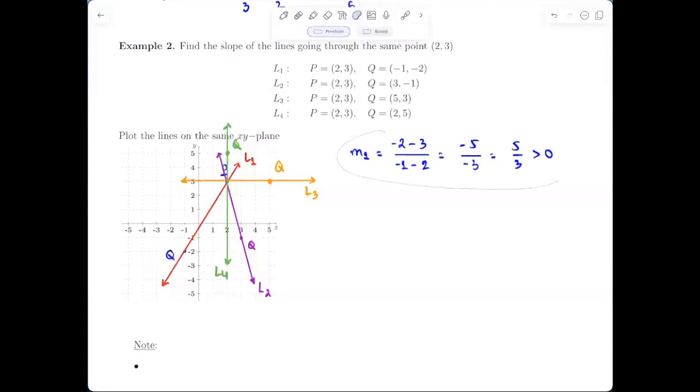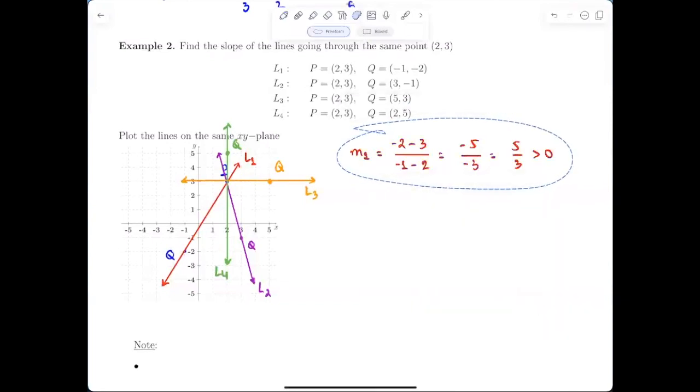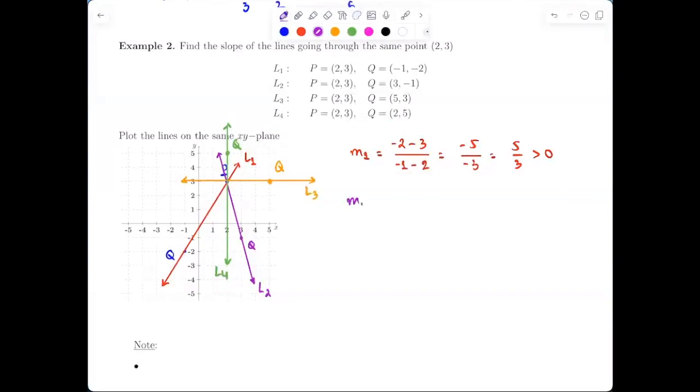Let me change this to red to match up with the line that we used. The next line, line 2, is in purple. So M2 is equal to (-1 minus 3) over (3 minus 2). So this is -4/1, -4, which is less than 0.